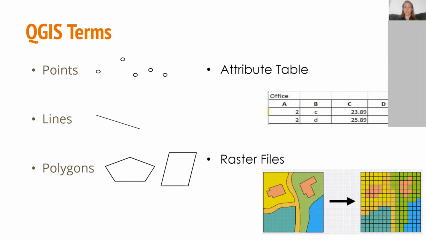Then we also have polygons, which are basically connected lines or areas. It can be any shape, any abstract thing. Polygons are really great for defining boundaries and area, and that type of information can be associated with them.